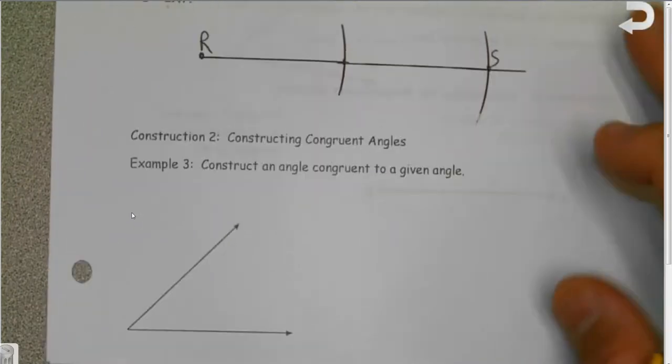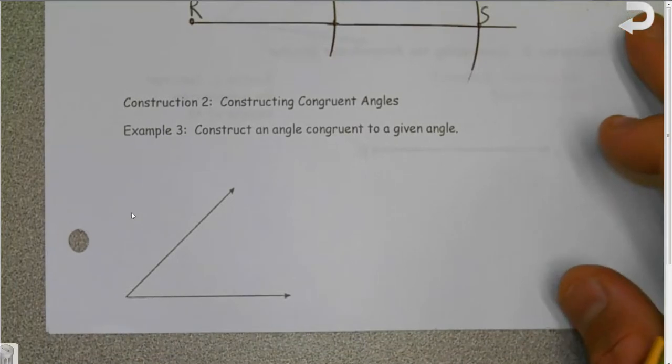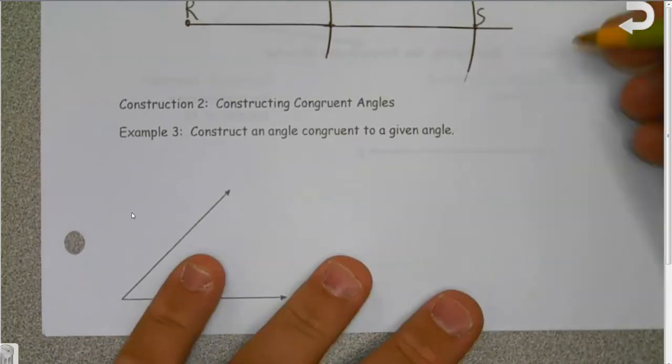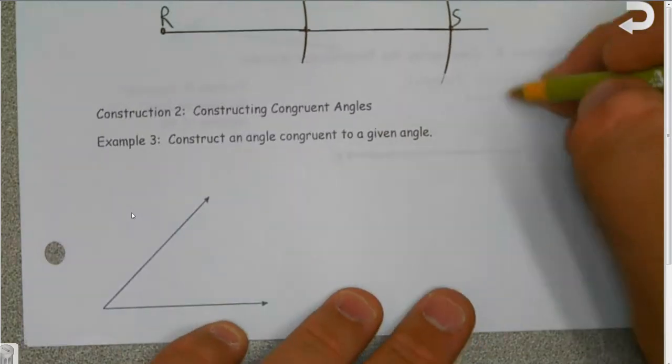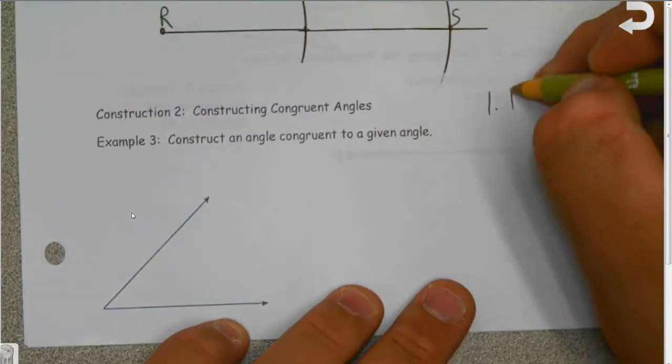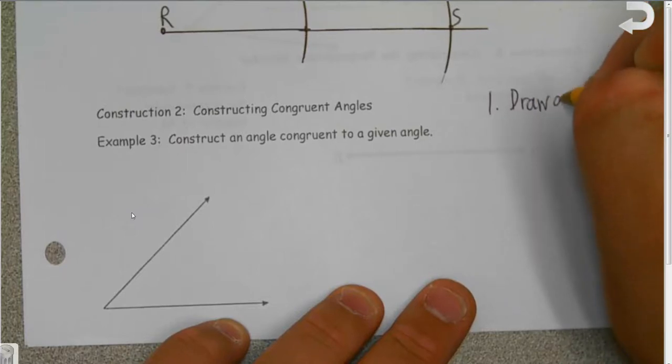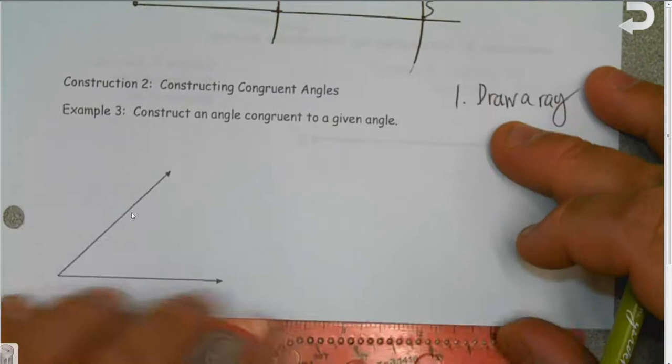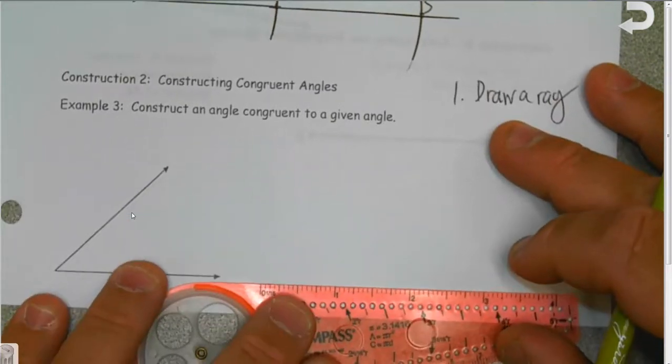Alright, our next construction is constructing congruent angles. This has a few more steps, and we're going to write them down over here. The first step is you want to draw a ray. So I'm going to use my compass, and I'm going to draw a ray.